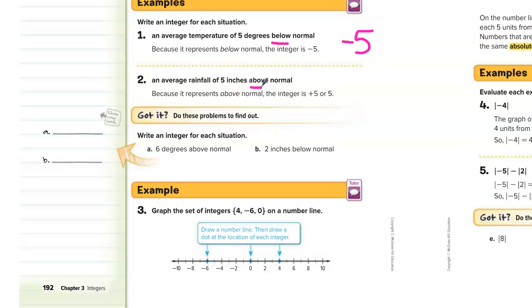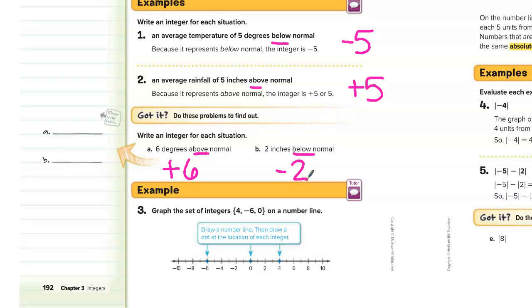Above means up or positive, so then it would be +5 because it's above normal. I want you to pause the video and try Got It A and B. Push play when you're ready. So 6 degrees above normal, it says above, so it would be +6. B, 2 inches below, so it would be -2.